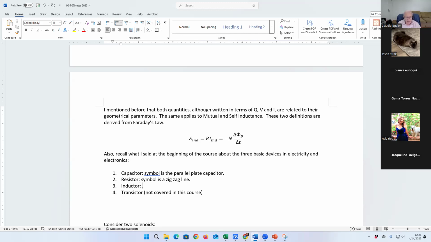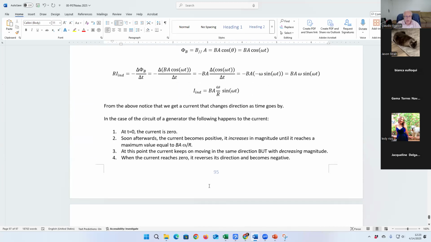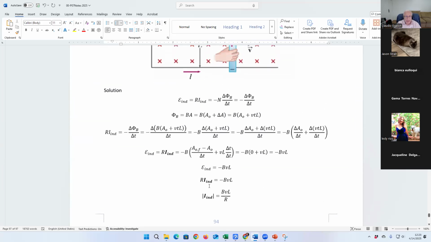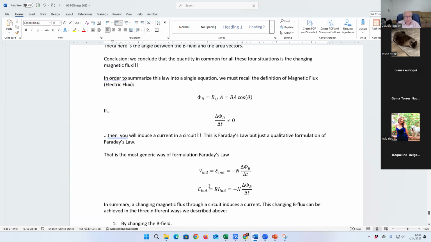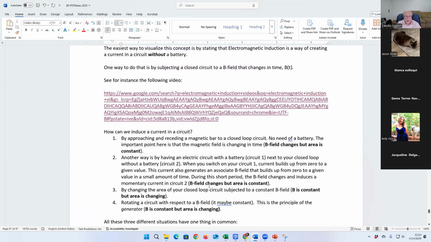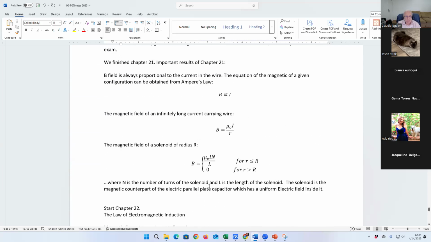The symbol of the inductor is the cylindrical solenoid. I mentioned that before. The one that has a constant magnetic field, what's the name?